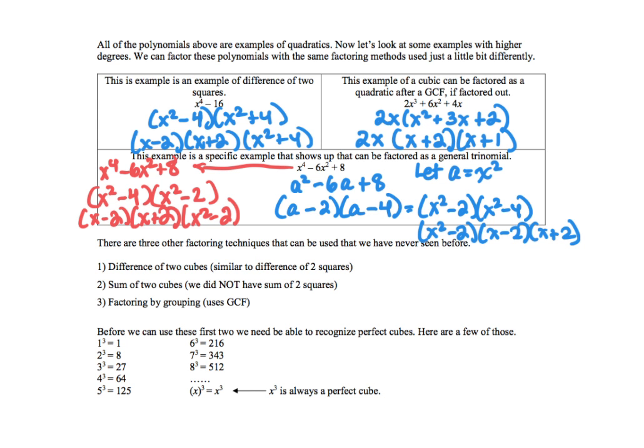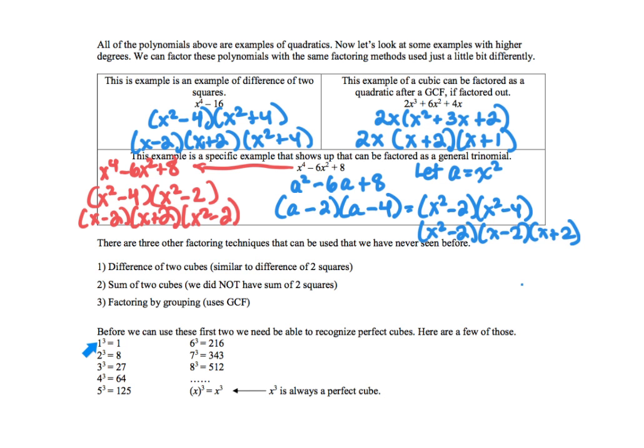Okay, so there's 3 other factoring techniques: difference of 2 cubes, sum of 2 cubes, and factoring by grouping, and that uses the GCF. I'd like to start here though, because it's going to be important that you recognize what a perfect cube is. We have a much better time remembering the perfect squares, but we do need to see this.